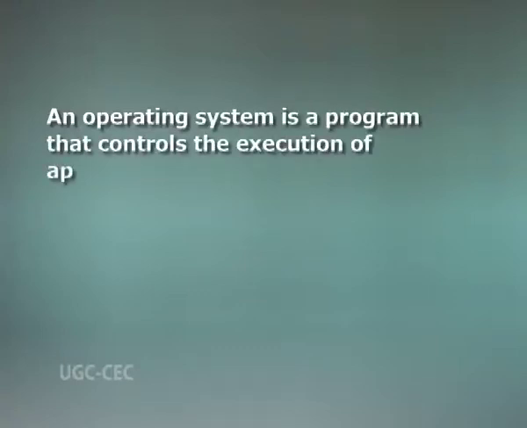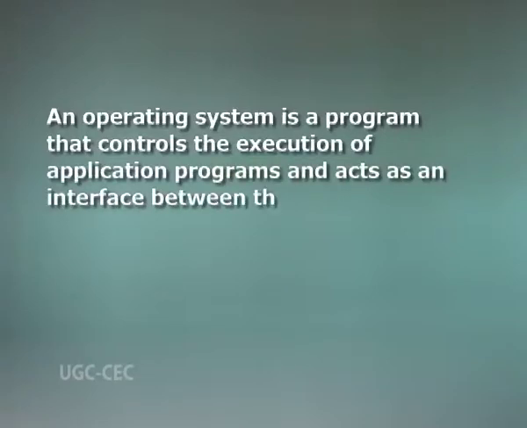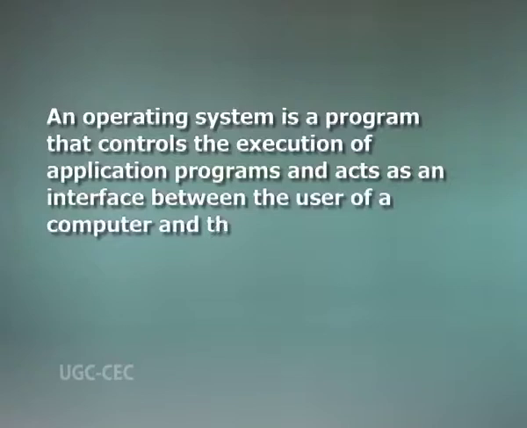An operating system, that is OS, is a program that controls the execution of application programs and acts as an interface between the users of a computer and the computer hardware.